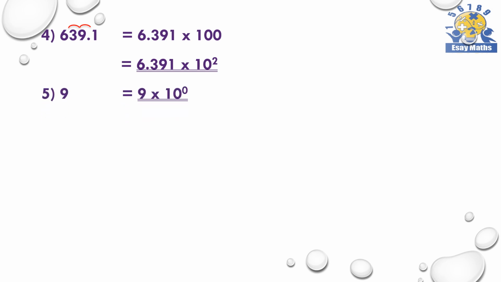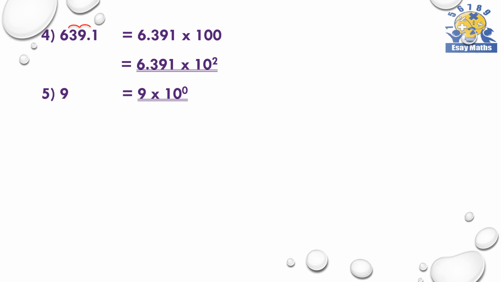Fifth one, 9. It's very simple because it's a number less than 10. Then the answer is 9 into 10 to the power 0. In this question, it's a whole number less than 10. Then the decimal point is after the units place.